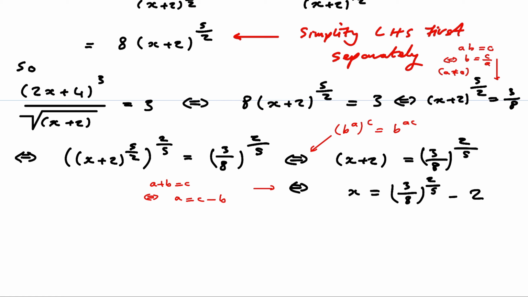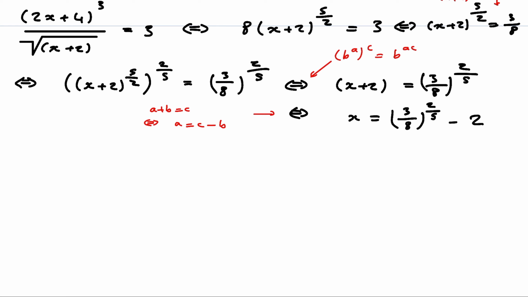So we're going through this incredibly carefully. And we could continue to simplify this if we want. It's not actually so important. Maybe we'll do it just for a bit of practice. So this is if and only if x is equal to, well, we can square everything first and then take a fifth root: (3 squared divided by 8 squared) to the power 1 over 5 minus 2.